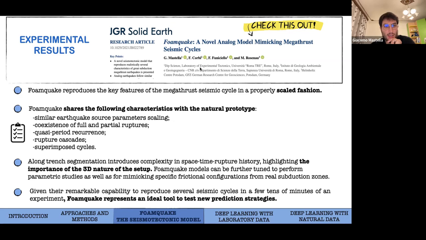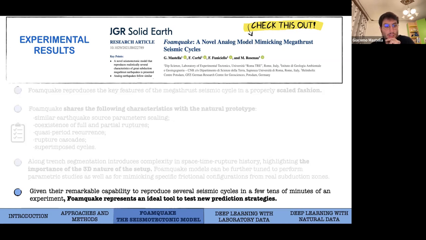So basically, I hope that I convinced you that FOAMQUAKE can reproduce all of the key features of the megathrust seismic cycle in an appropriately scaled fashion. But the most important thing that I would like to underline is something that I already told you, which is the fact that FOAMQUAKE can reproduce a lot of seismic cycles in only a few tens of minutes.